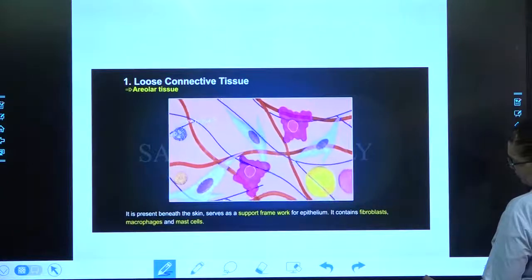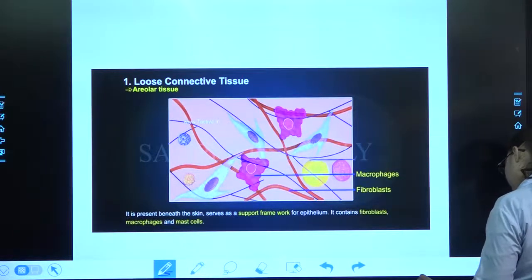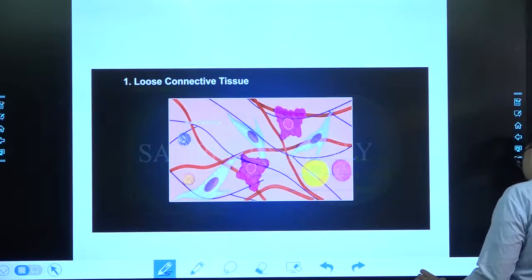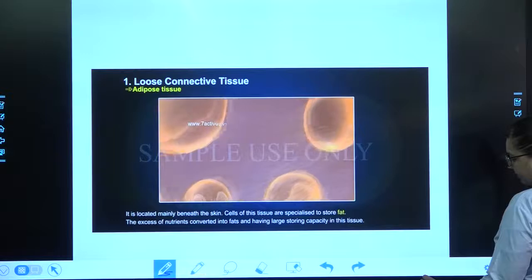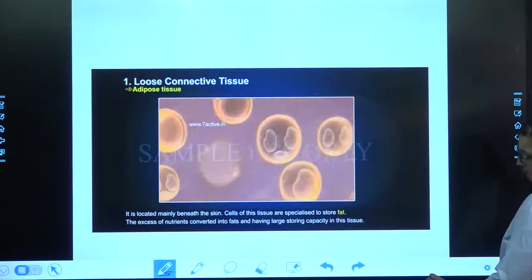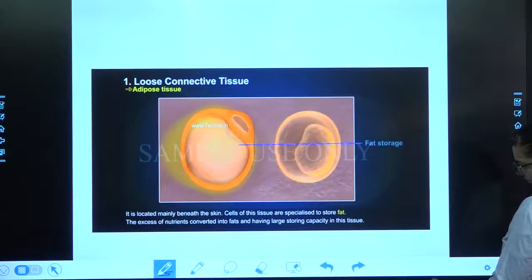It contains fibroblasts, macrophages and mast cells. Adipose tissue. It is located mainly beneath the skin. Cells of this tissue are specialized to store fat. The excess of nutrients converted into fats and having large storing capacity in this tissue.